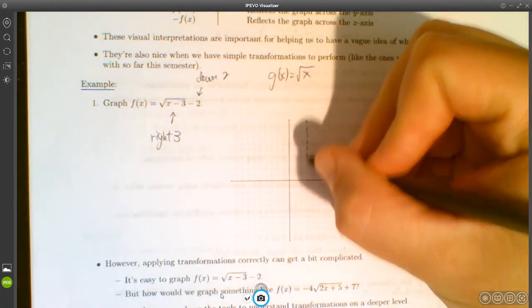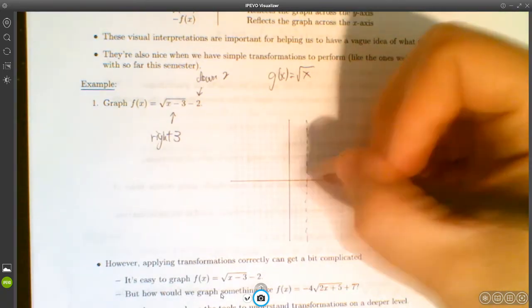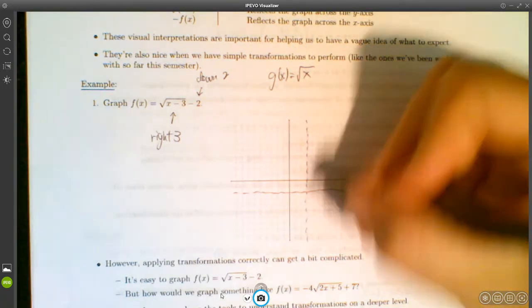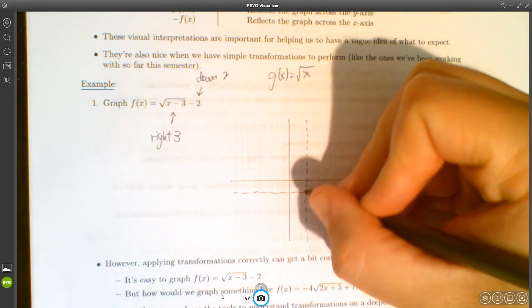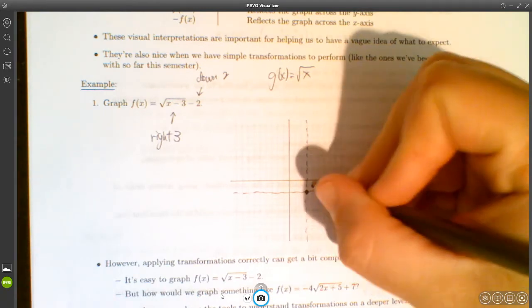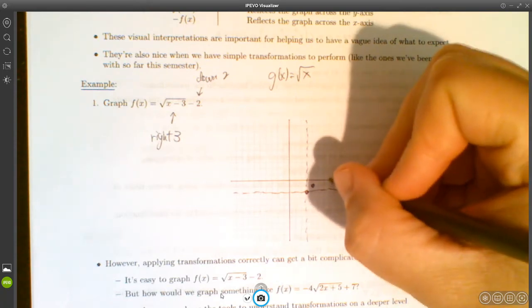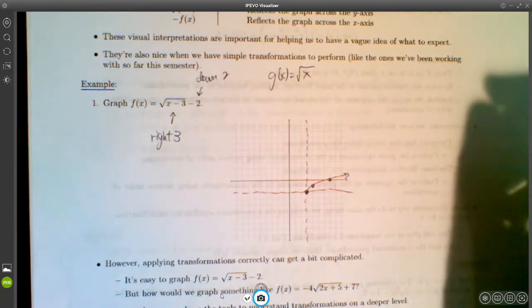Usually the way that I have been doing this is to shift the axes right 3 and down 2. Now you can think of this as your new axis system, and you graph g of x with respect to this axis system. So it goes through 0, 0, 1, 1, 3, 4, 2, and ends up looking something like that.